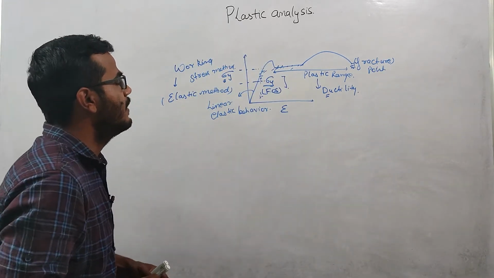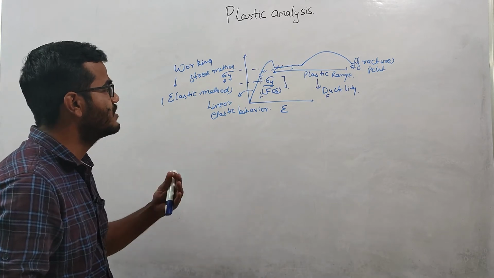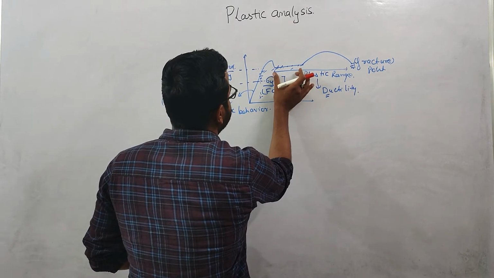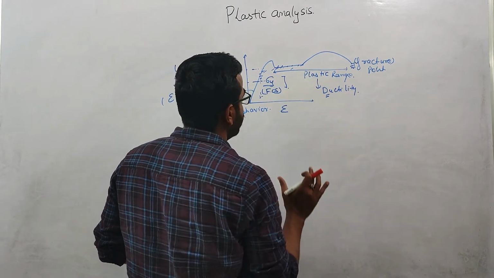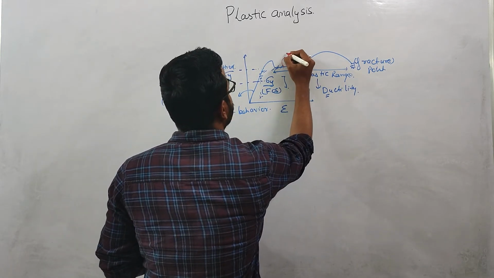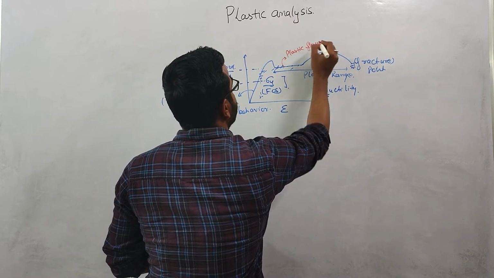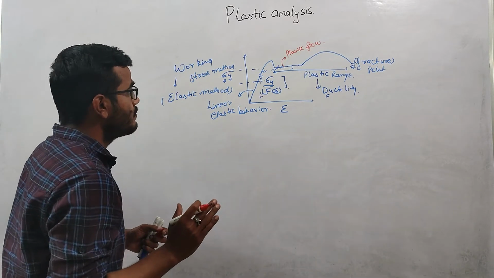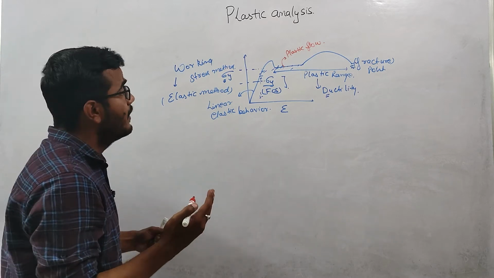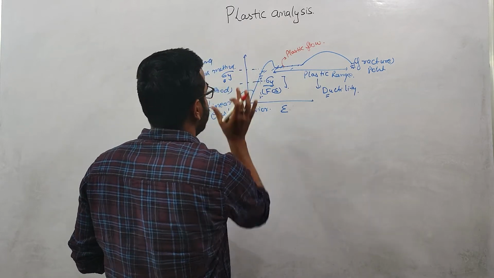In plastic analysis, as you can see, the strain is increasing but the stress is constant. This is basically plastic flow: an increase in strain while the stress is constant.